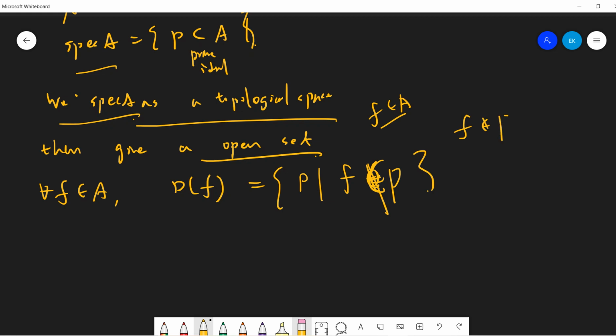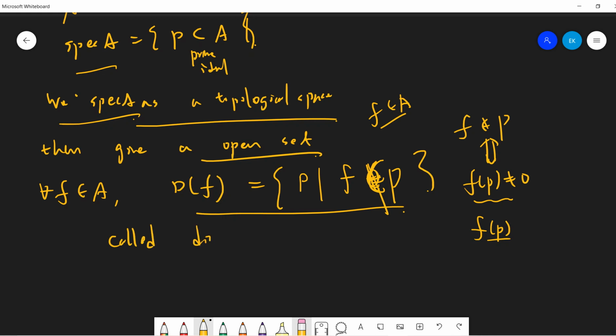There's also another definition saying that f(p) is non-zero, but this requires more definitions of what f(p) is, because p is a prime ideal and f is an element of a ring. One can define this, but I will say that later. D(f) is called a distinguished open set.